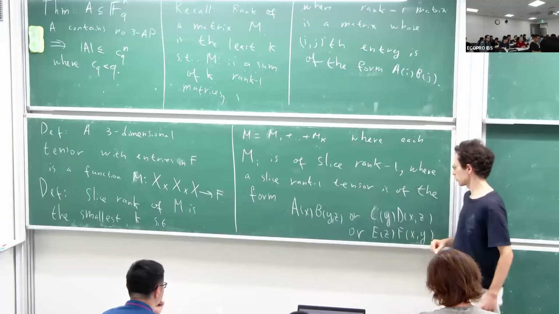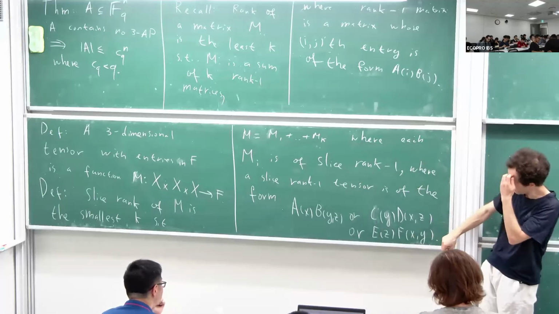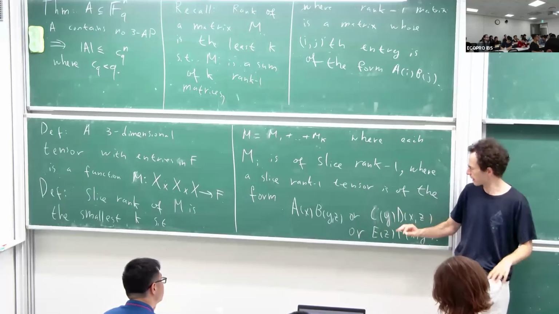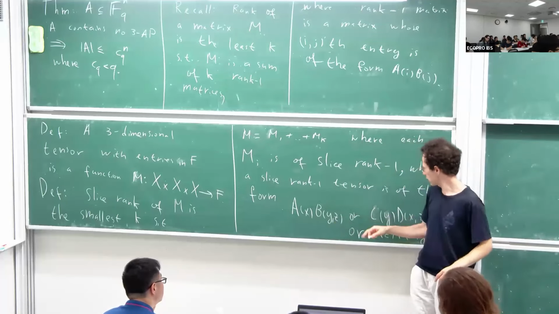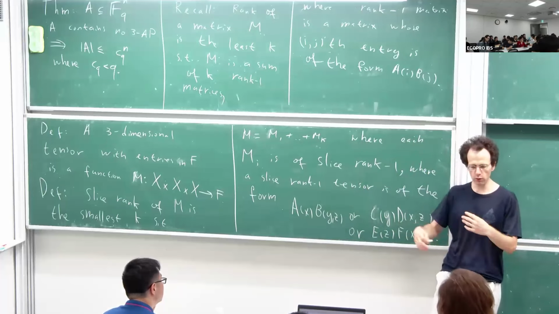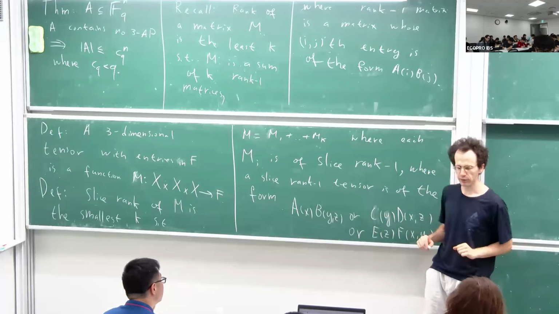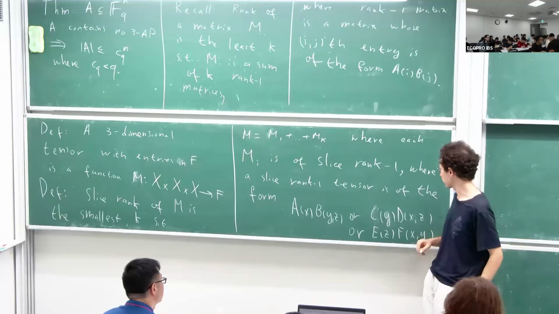Just to make sure we're on the same page, I don't mean that it can be factored in each of the three ways at the same time. I'm saying it can be factored either this way or this way or this one, and either way it gives what's called a slice rank 1 tensor.